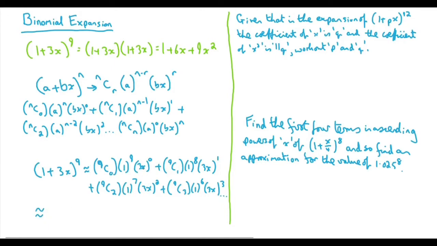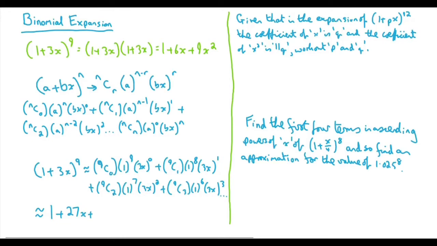In terms of the x, if you just take the x to that power separately, just focus on the coefficient. So 9 choose 0 times 1 to the power of 9 times 3 to the power of 0, that's just 1. So x to the 0 makes no difference, so the first term is 1. Adding to this, 9 choose 1 times 1 to the power of 8 times 3 to the power of 1 gives us 27, and x to the power of 1 is just x.